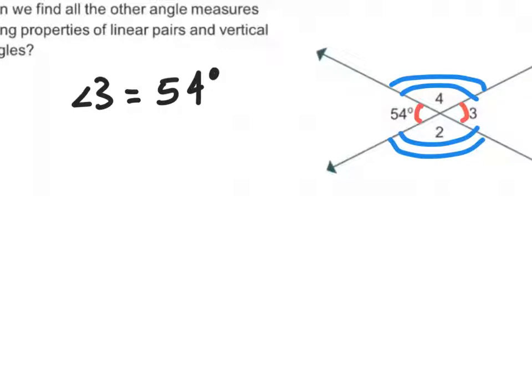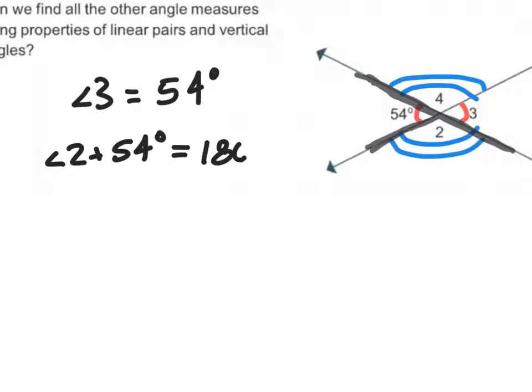Now, I have this angle here and this angle here that form a straight line going across. Because those form a straight line, I know that these two angles add up to 180 degrees. So I've got angle 2 plus 54 degrees is equal to 180 degrees.